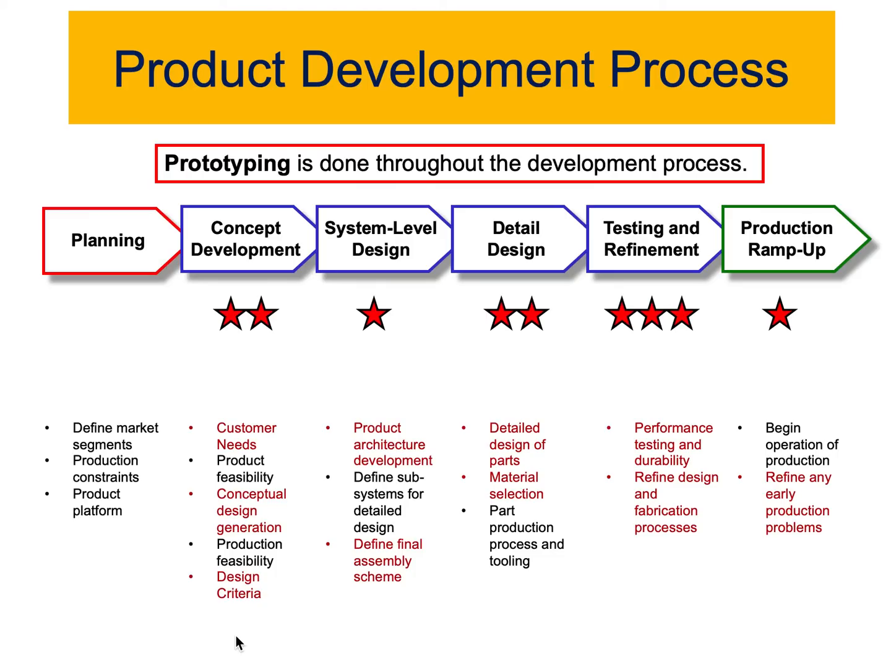simulations. When we did the system level design, we did product architecture development, and we defined final assembly schemes. So all of these can be seen as prototypes. And then we did detailed design of the parts and material selection. So we were actually along the way doing prototyping as we move on. And then we did testing and refinement, and that's the most important part, where prototyping is clear and we have a clear process and methodology to use it.